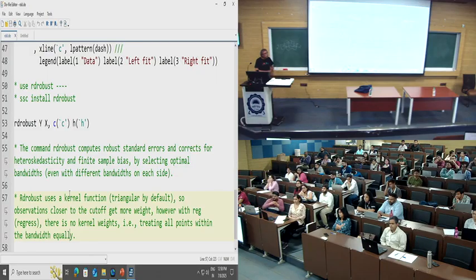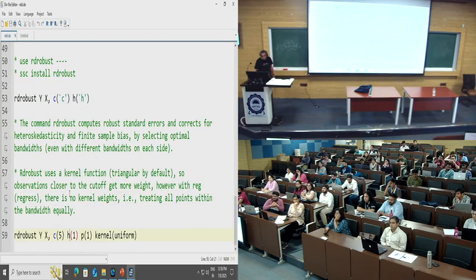Then it is using a kernel function which is triangular by default. So observations closer to the cutoff get more weight if you have triangular. However, with regress, there is no kernel weight. So it treats all points within the bandwidth exactly in the same way. I put equal weight, and the weight would be 1 over n in this case.